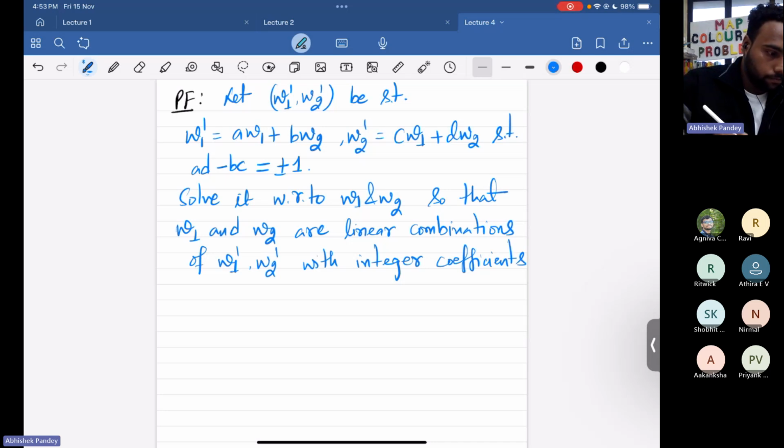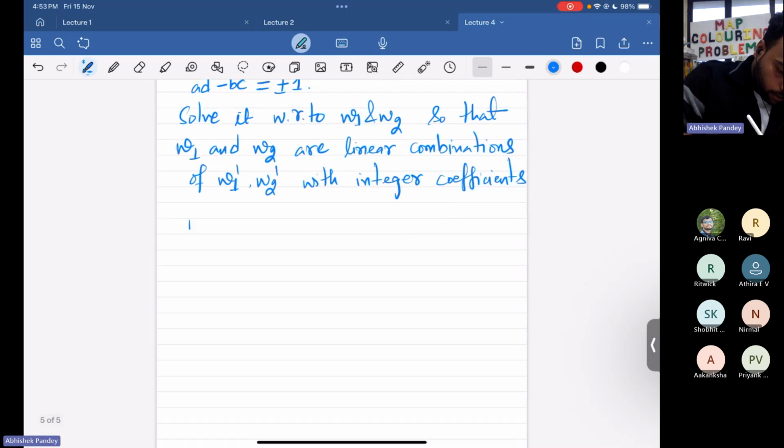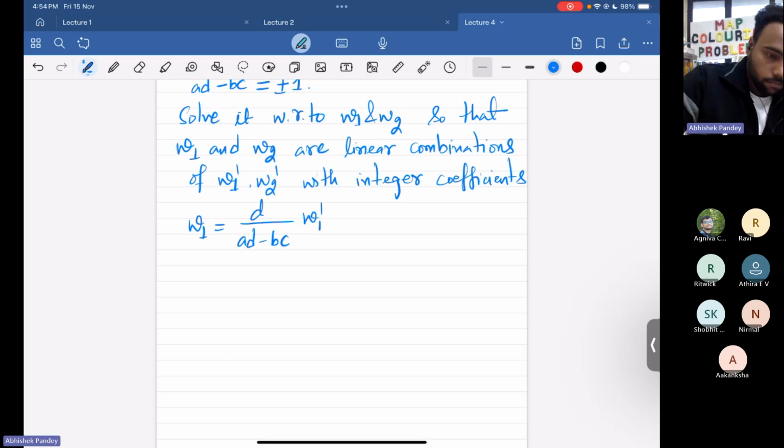Okay. So once you solve this, we get W1 as D upon (AD minus BC) W1' and minus B upon (AD minus BC) W2'.